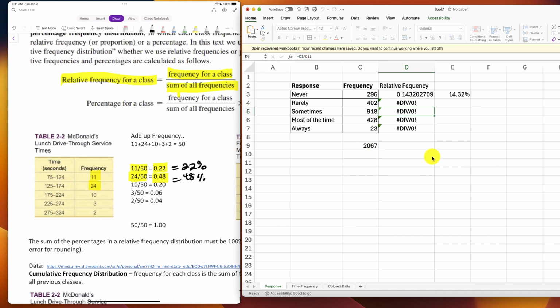So what I'm going to do is step back here, and I'm going to go into my function and put a $ sign in the middle, just like that, and then hit enter. Now when I pull down, it keeps pointing at this 2067, and each one works.